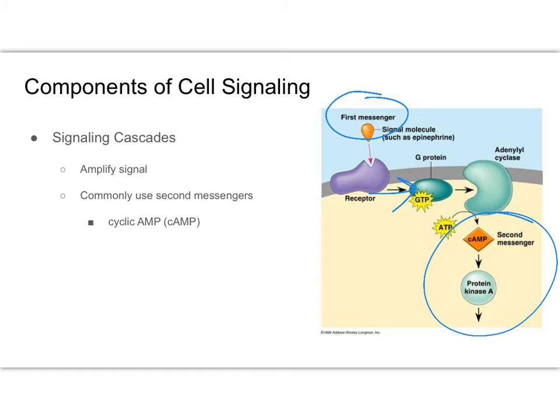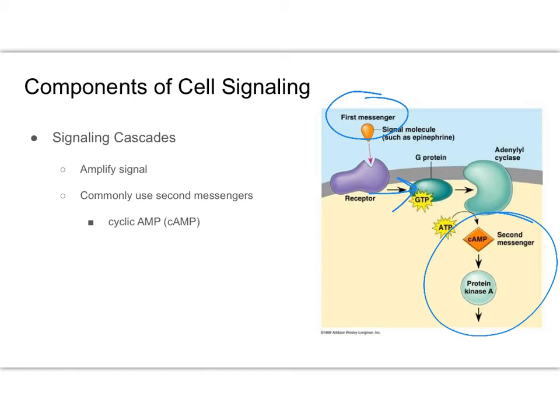Like, for instance, maybe the cell needs to grow. Maybe it needs to secrete something in response to the signal. Maybe it needs to alter what genes are being expressed. And so those are all different areas of the cell. And so this signaling cascade helps get the message to the appropriate area so it can have the appropriate response.